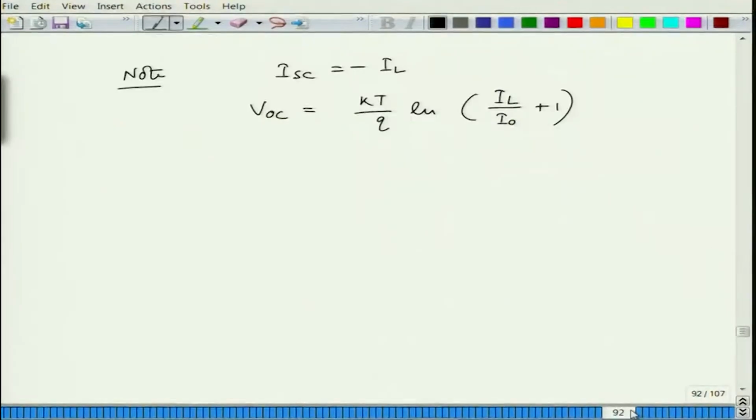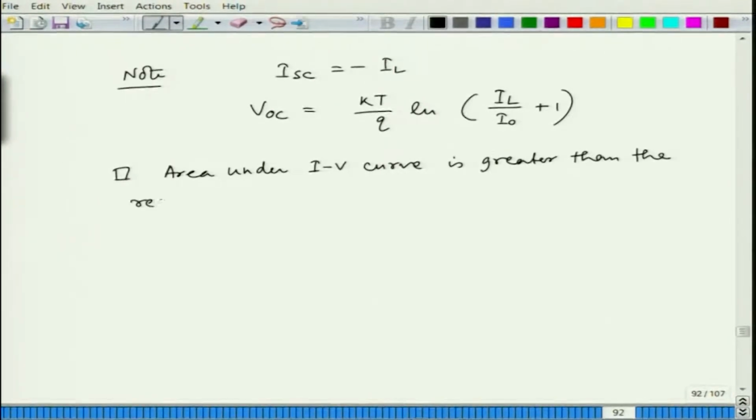So, this is another note, that the area under the IV curve is greater than the rectangle corresponding to the MPP point or maximum power point. Okay.